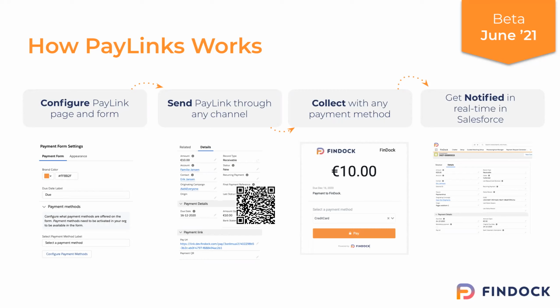And you can share and send that to your customers through any channel that you'd like. Then when the customer opens the web page, they complete the payment, and you get notified in real time in Salesforce. The installments go to collected, the payments will be created, payment profiles updated, etc., etc.